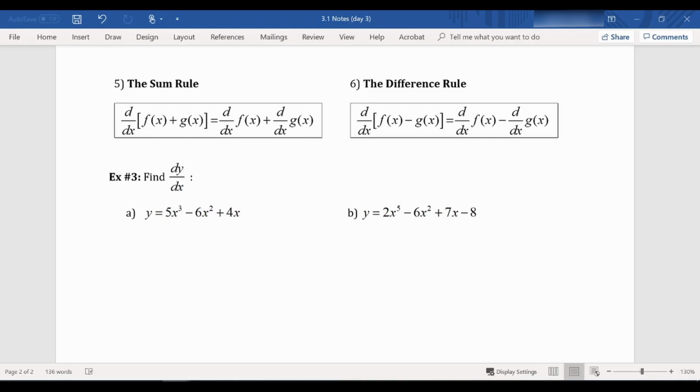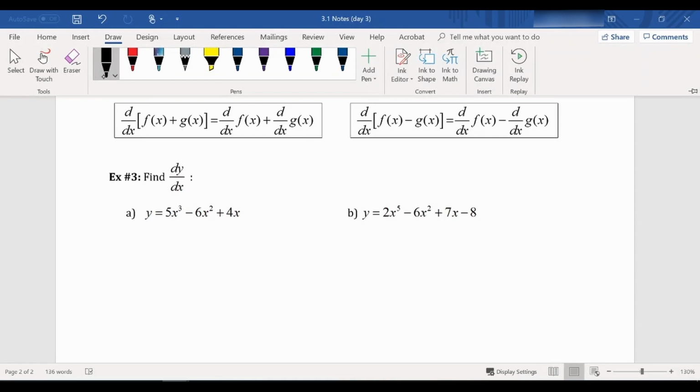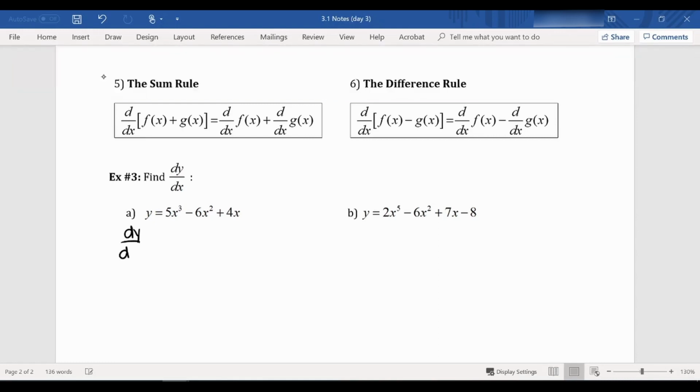So the long way of writing this, which again, you would never ever do, would be if I found dy dx. This is the same as finding the derivative of 5x cubed minus the derivative of 6x squared plus the derivative of 4x.